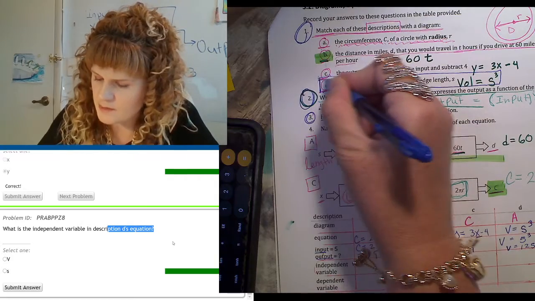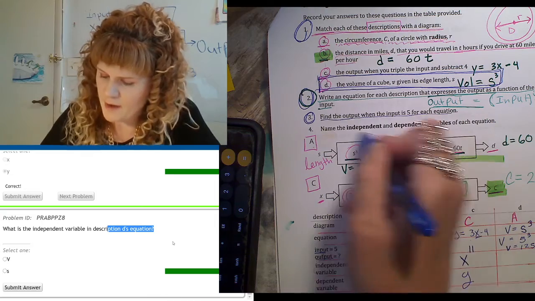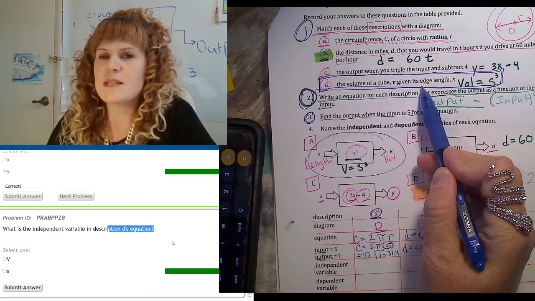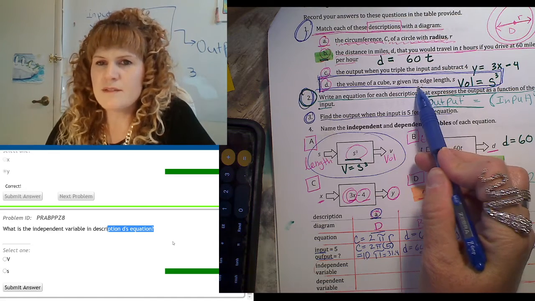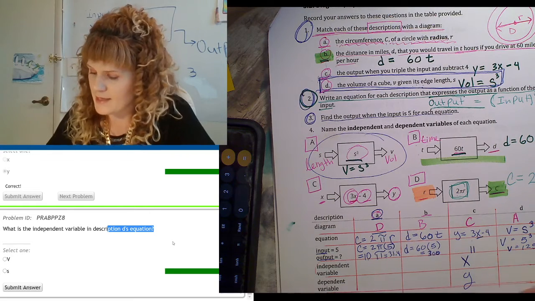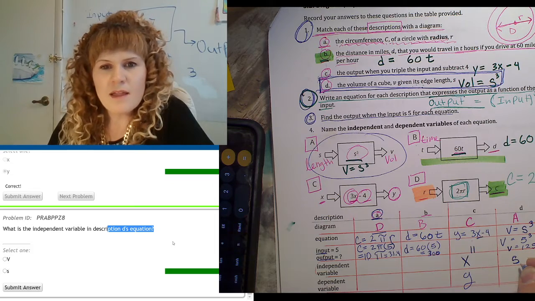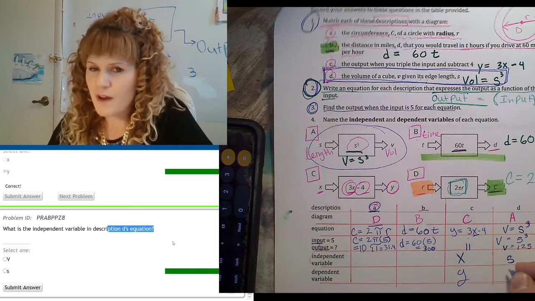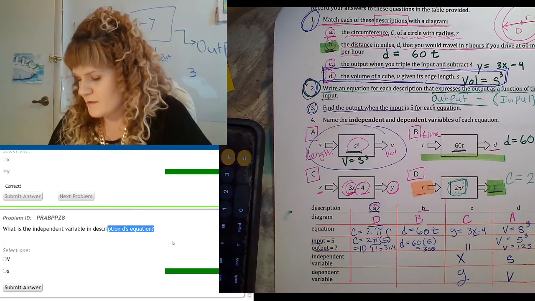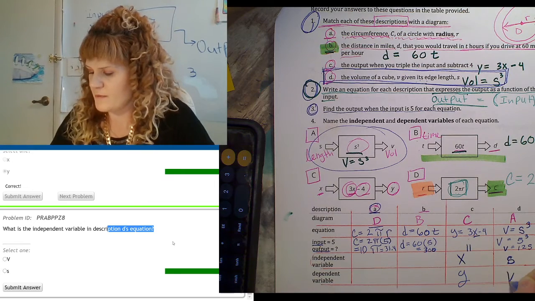Anyway, D's description is diagram A. The independent variable is the length of the side of the cube. The cube's side length doesn't depend on anything else. It's independent. The volume of the cube depends on the side length. So the independent variable is S and the dependent variable is V.